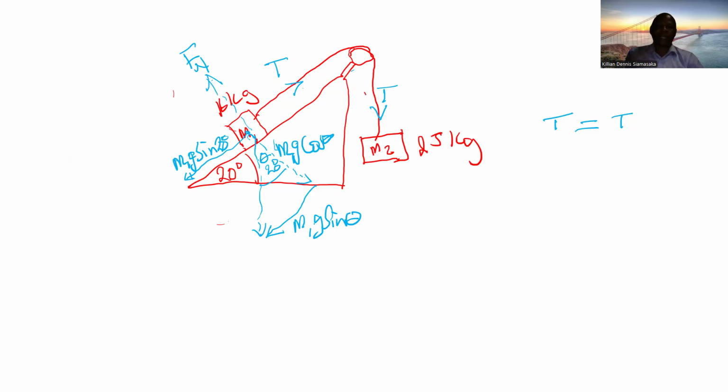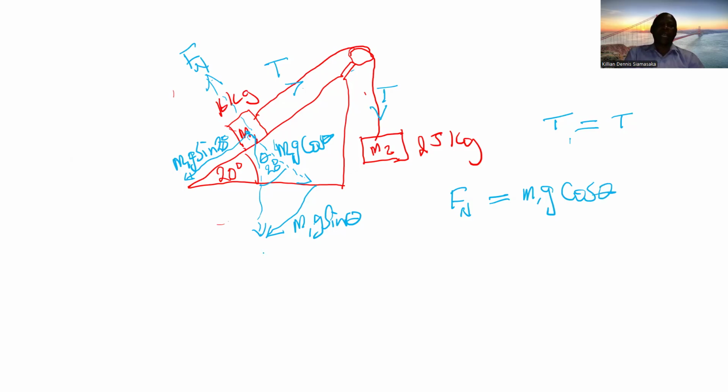And so these we have identified. In other words, the normal force, which is perpendicular to the plane of the incline, is equal to m1 g cos theta.